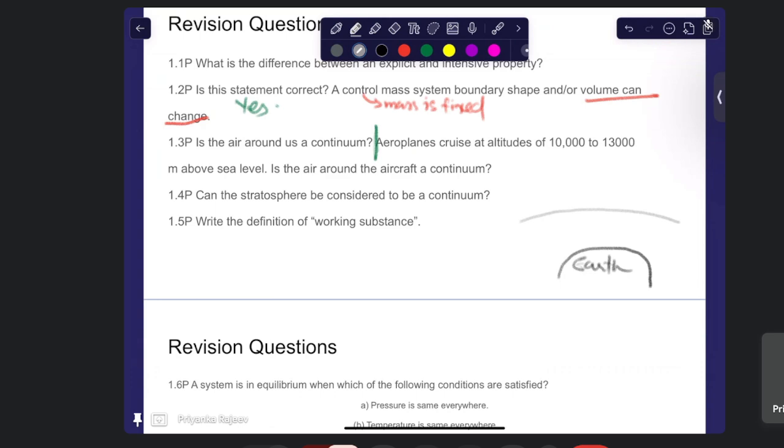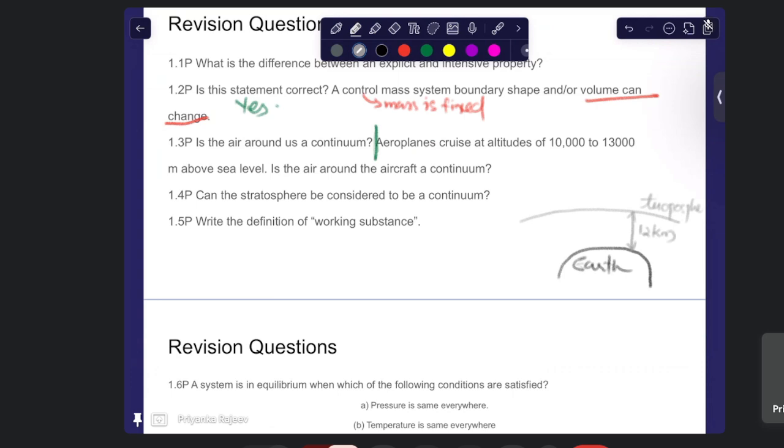Here you have got the troposphere, which is at around 12 kilometers from Earth.